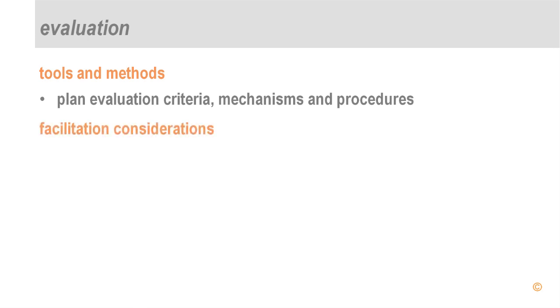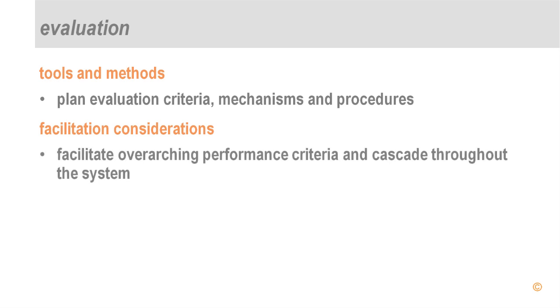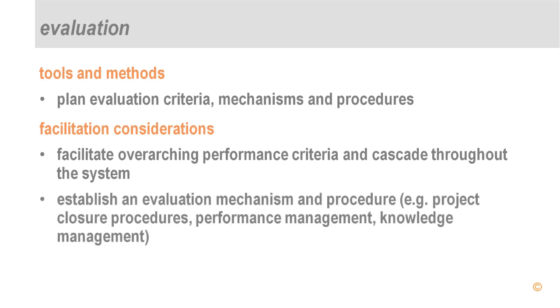Some of the facilitation considerations are that we need overarching performance criteria and cascade those throughout the system. At different parts of the system, they will be interpreted as is appropriate to that particular level in the system. We also need to establish an evaluation mechanism and a prescribed procedure that is universal for the organization as a whole.